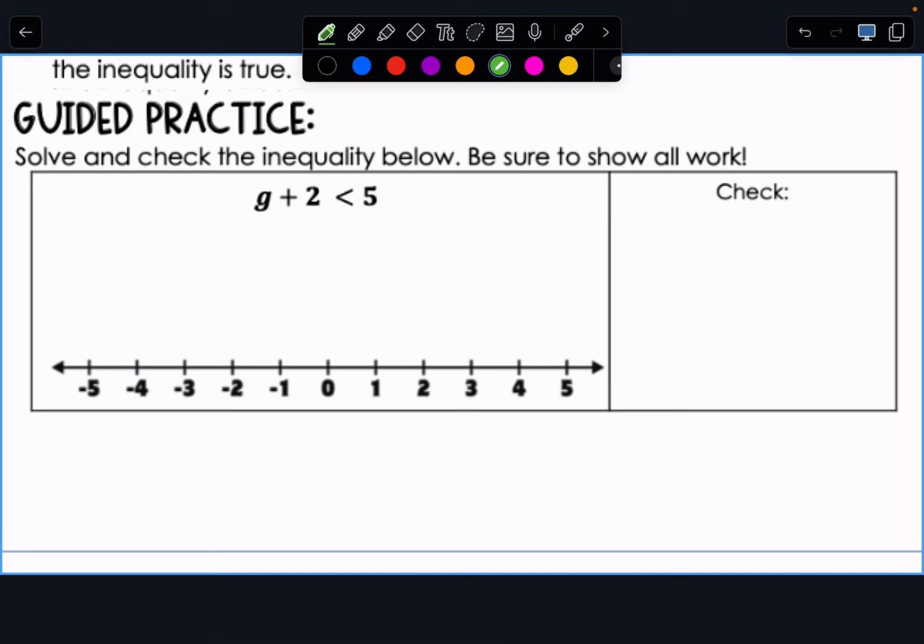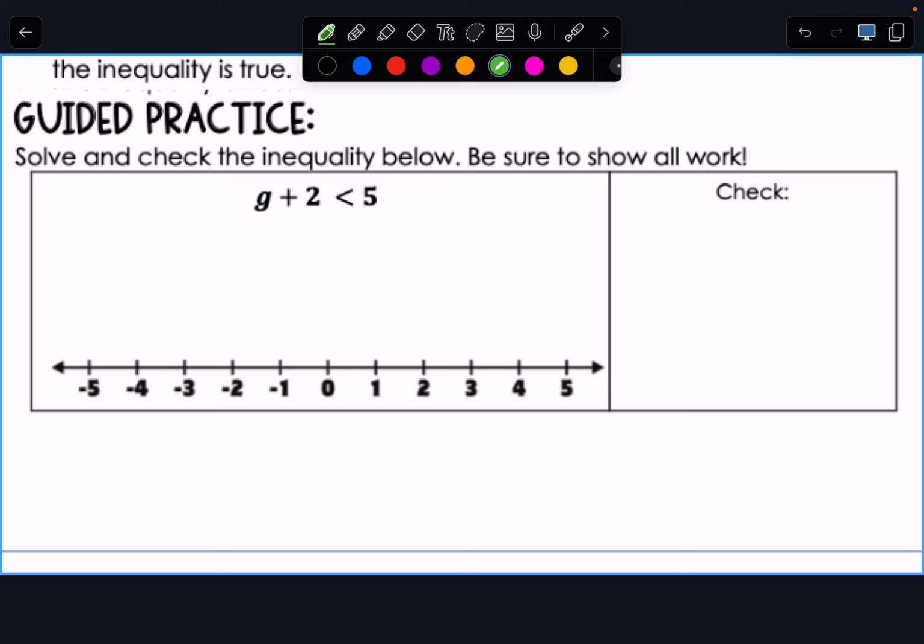Okay, now here's the deal. If you just have 3, that's not enough. I was okay with that with an equation. I'm not okay with it anymore because 3 doesn't describe a greater than or less than, okay?